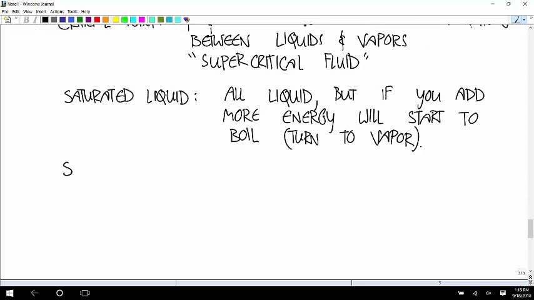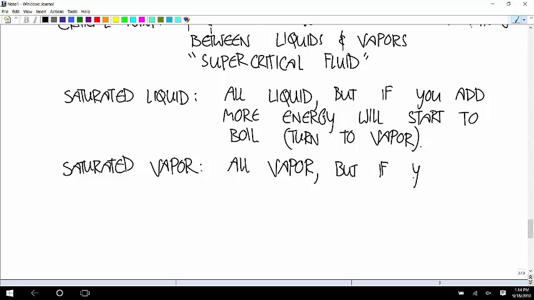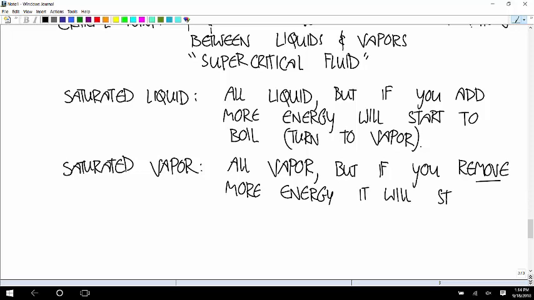And a saturated vapor is all vapor. But if you remove any energy, it will start to condense, meaning turn to liquid.